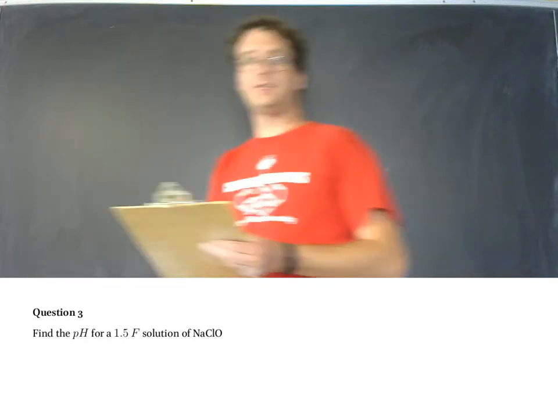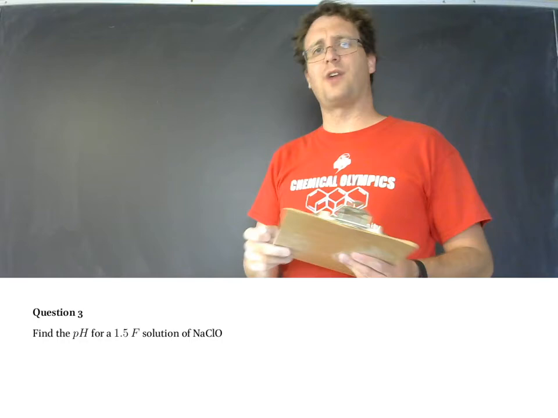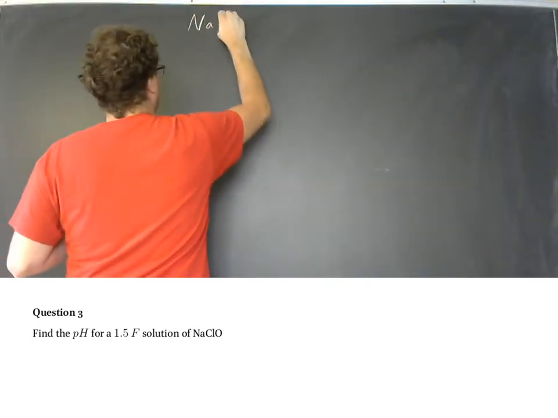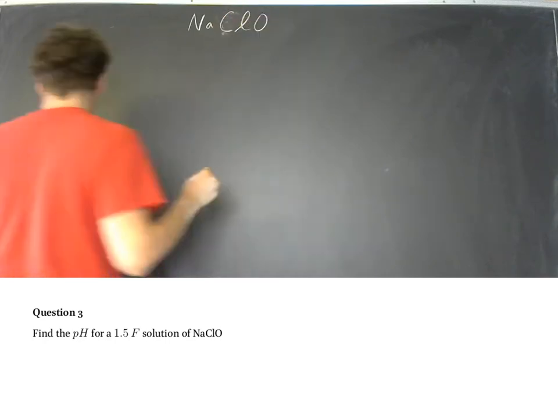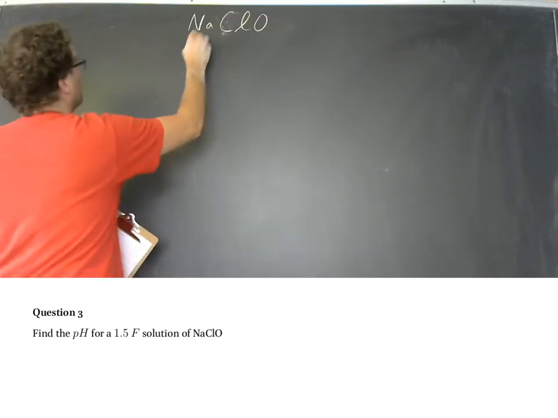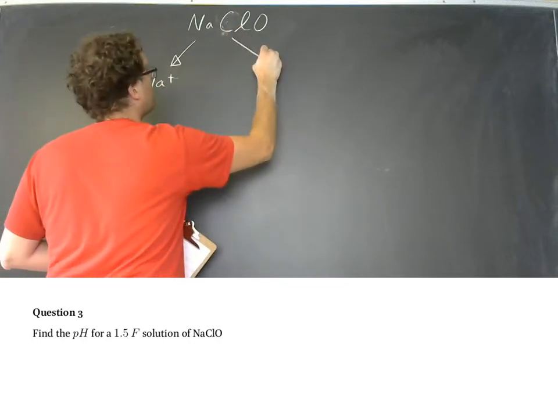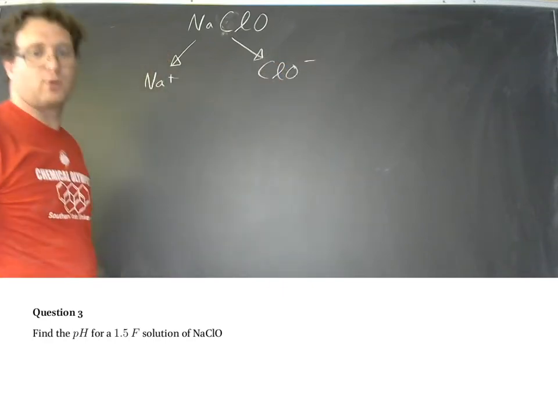We'll determine their acidity or basicity before we can do anything with the concentration and the numbers. We have NaClO, sodium hypochlorite. This will break up into Na+, sodium, and ClO-, hypochlorite ion.